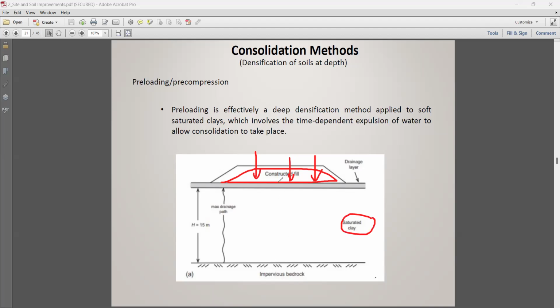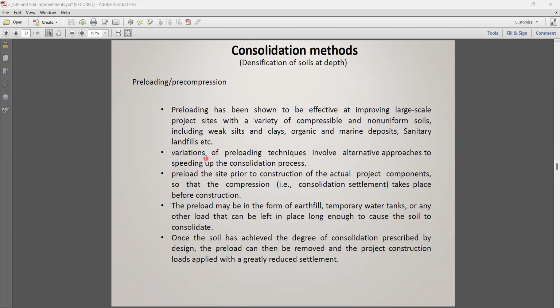With this force, it will force the clay layer to consolidate and remove water. This pre-compression is effective for large-scale project sites and clayey soil. One of the main things is clayey soil.